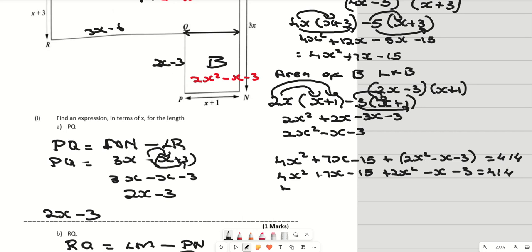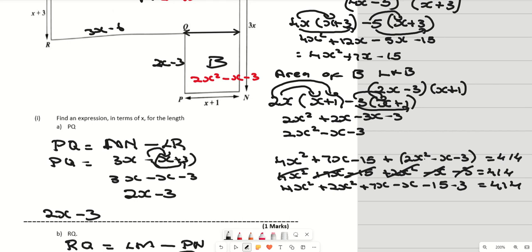Then we group all the x squares. That's 4x squared plus 2x squared, then plus 7x minus x, then minus 15 minus 3 is equal to 414.